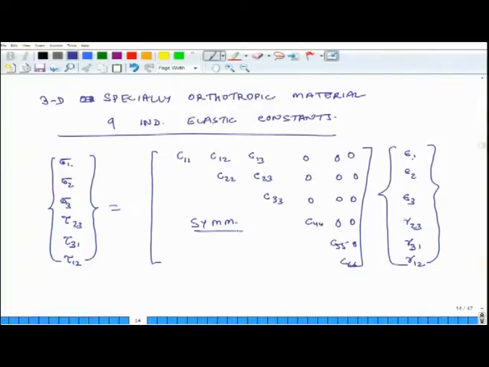So, these are the 9 constants, okay. So, this is the stiffness matrix for especially orthotropic, and it is a 3D orthotropic material.